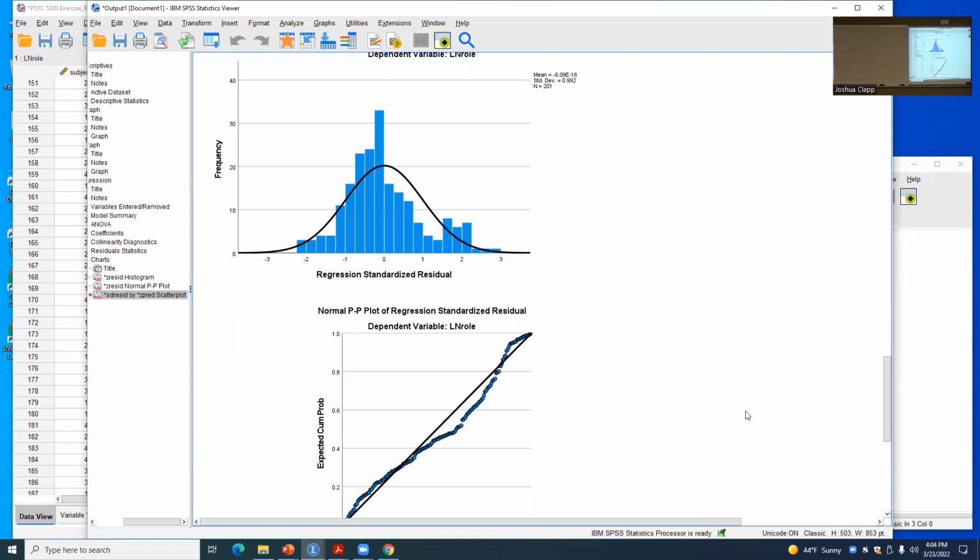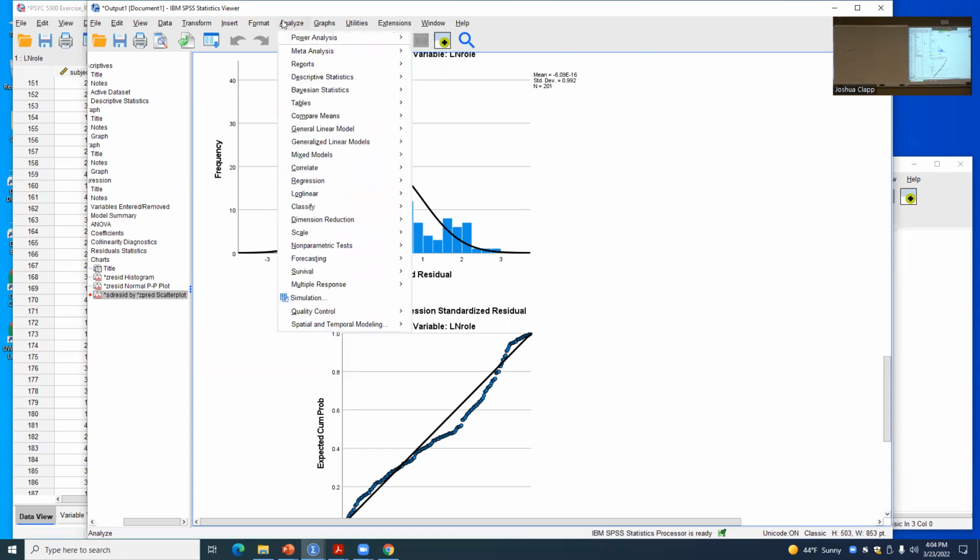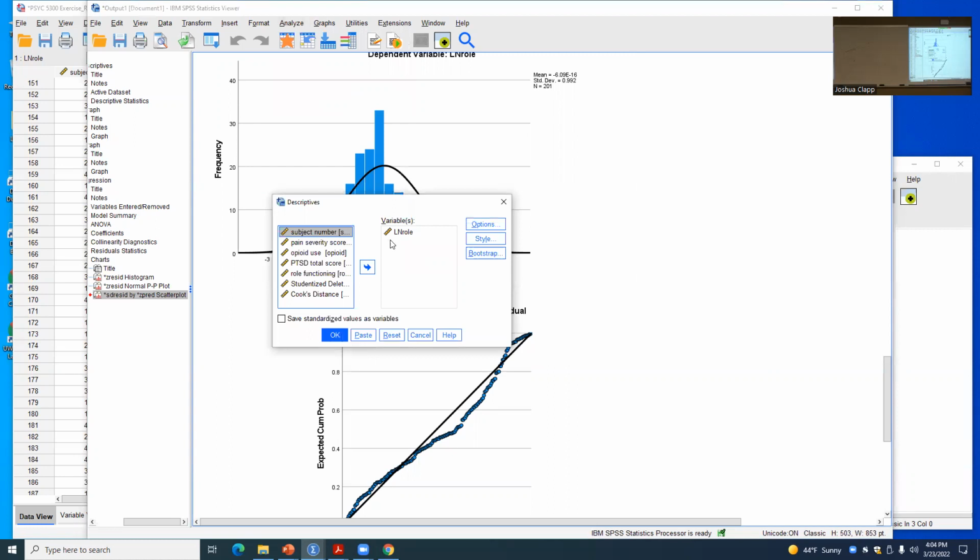Okay, so we've taken a look at the distribution of our residuals for normality and linearity types of things. But what we want to do now is take a look at our residuals to get a sense for our discrepancies. Okay, so I'm going to go to descriptive statistics, descriptives, and ask for my studentized deleted residuals here.